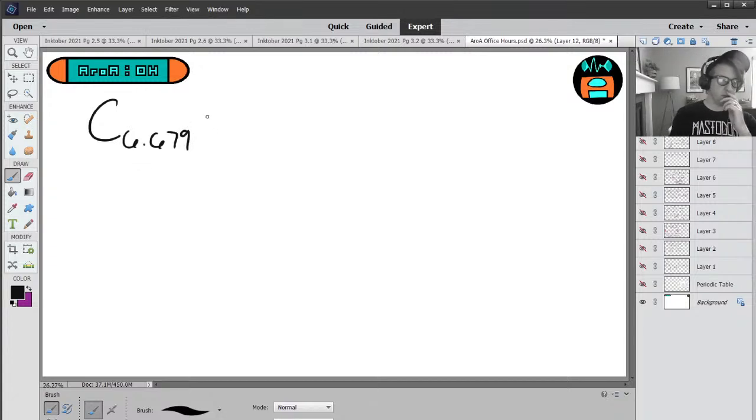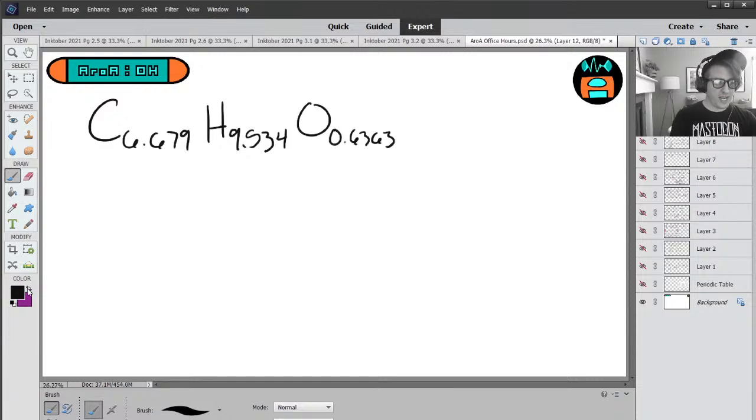These are going to be our values for our subscripts for our empirical formula. Now we want the simplest integer ratio. So we are going to divide each of these by the smallest quantity and then move forward from there.